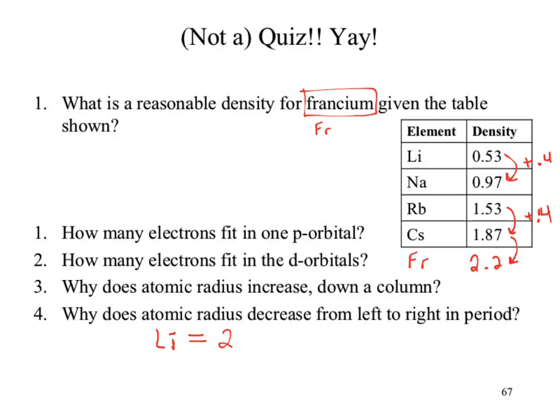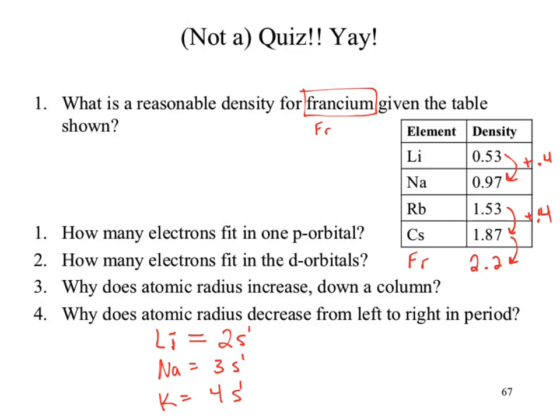Which block? S. Which column? 1. Sodium. Which row? Which block? Which column? Potassium. 4. S. 1.